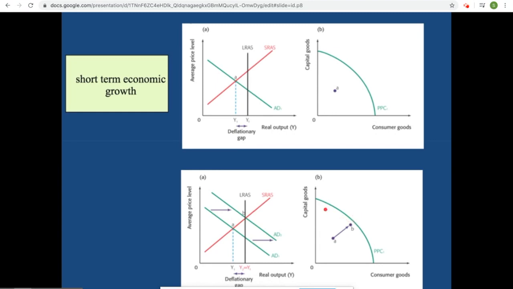Now, how do you show that on your PPC? You can show it as moving from point A to point B, but not really coming on to the PPC.